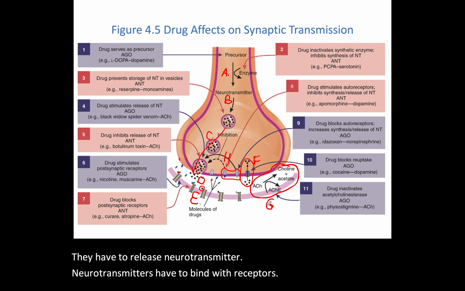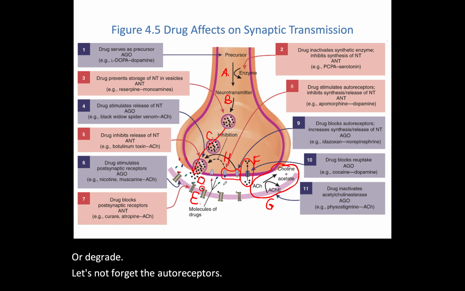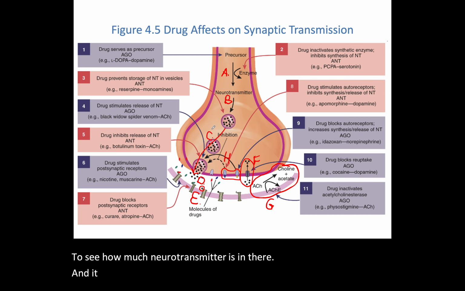After that point, we reuptake or degrade. Finally, let's not forget the autoreceptors that probe the cleft to see how much neurotransmitter is in there. And it tells the presynaptic neuron, stop releasing. We have enough.